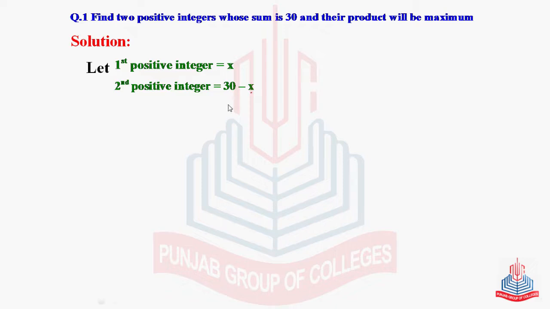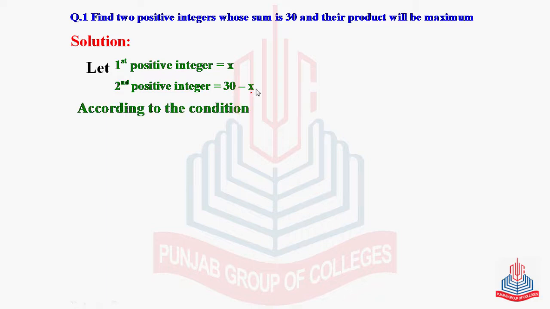And if the first positive integer is 2, then the second must be 28, which is 30 minus 2. So let our two positive integers be x and 30 minus x, so that the sum will become 30.